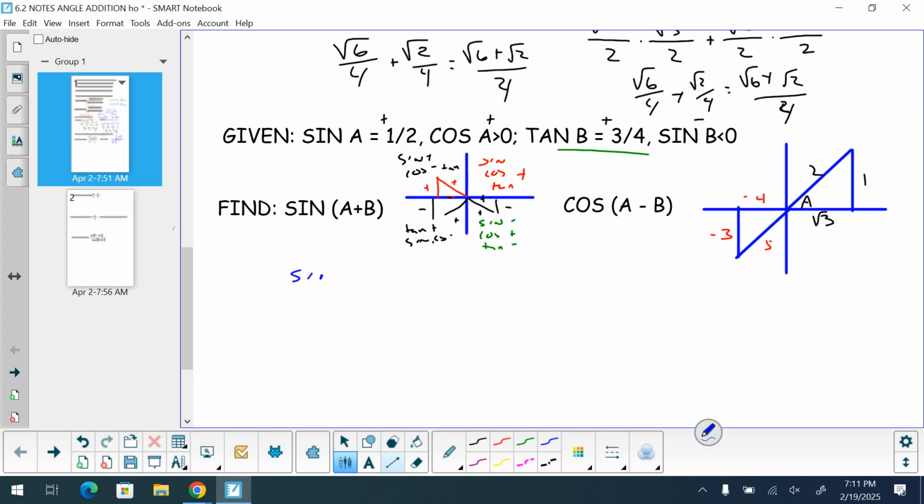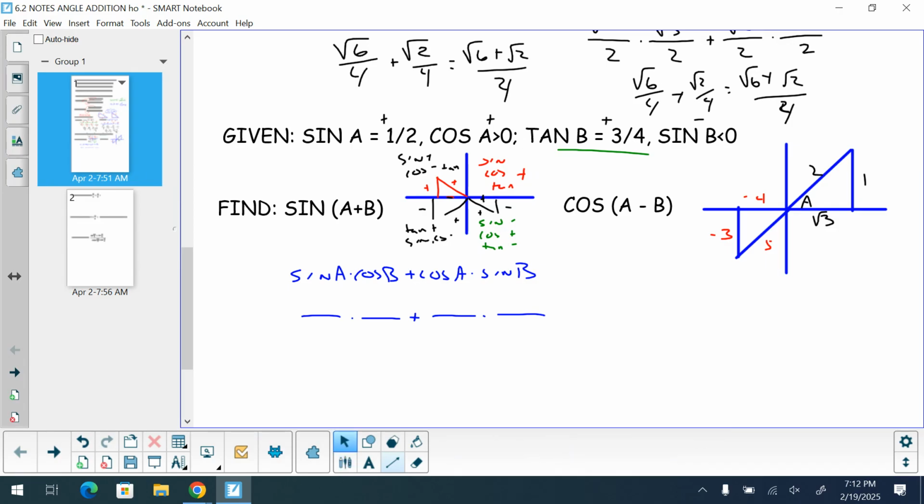So we have sine A cosine B, plus the cosine of A times the sine of B. So expand out, or use your trig ratios. Sine of A, what's cosine of B? What's cosine of A? What's sine of B?